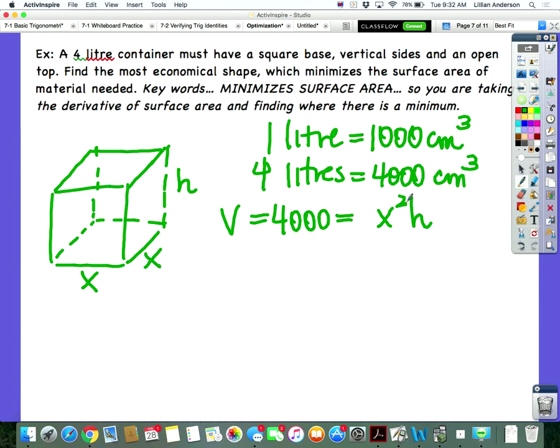Now we do have to use this to help us. I know we're trying to minimize surface area. What's the equation for surface area of a prism?